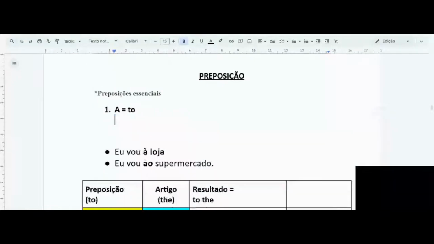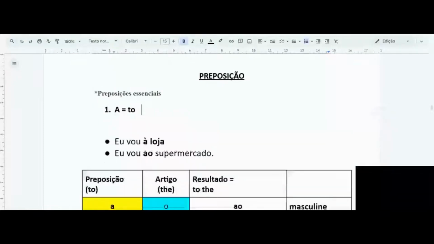If you want a sentence with a, you will see: Eu vou à loja. Someone says, Senior Sammy, you are saying a, which is only a, but then we have another a which has a sign. How did that happen?